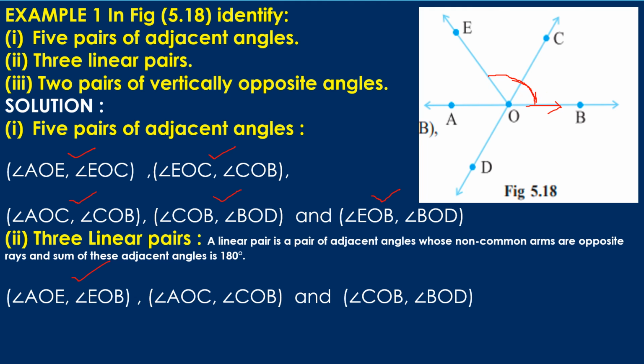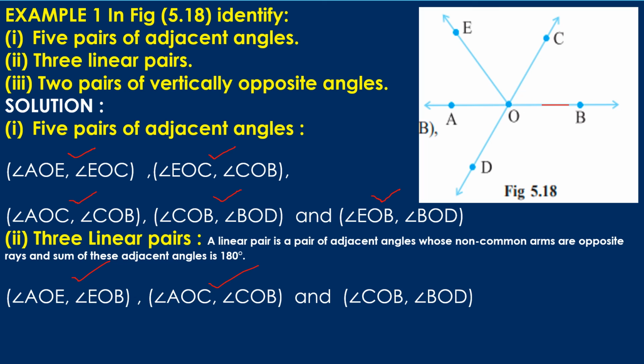And the second one, take angle AOC and angle COB. Again this is a linear pair, because the sum of these two angles is equal to 180 degrees and we have two non-common arms that are opposite rays. Therefore, this is a linear pair.